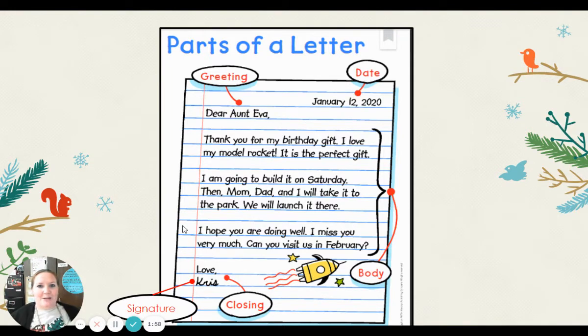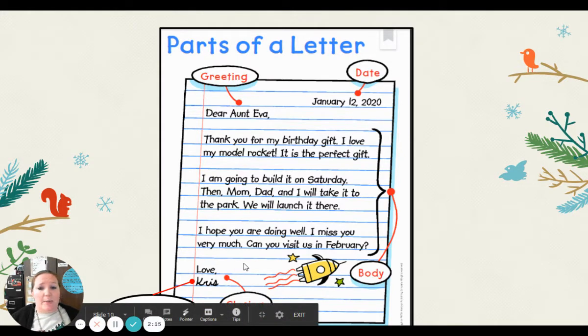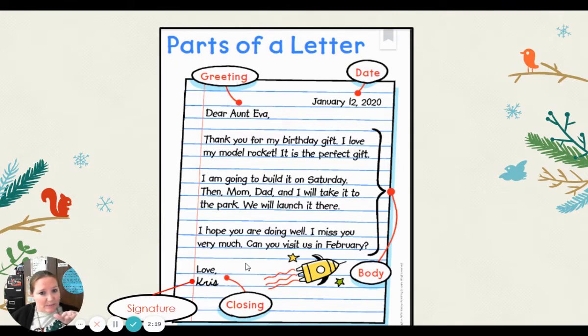All of that information was the body of her letter. She expressed her gratitude. She said thank you for her gift. She gave some information about when she planned to use her gift, how she was going to put it together. And then she asked a question about if her aunt could come and visit. All right, now we're getting towards the bottom.